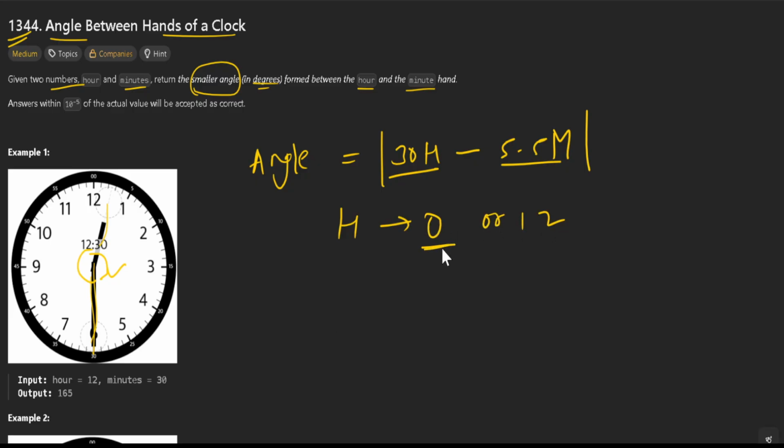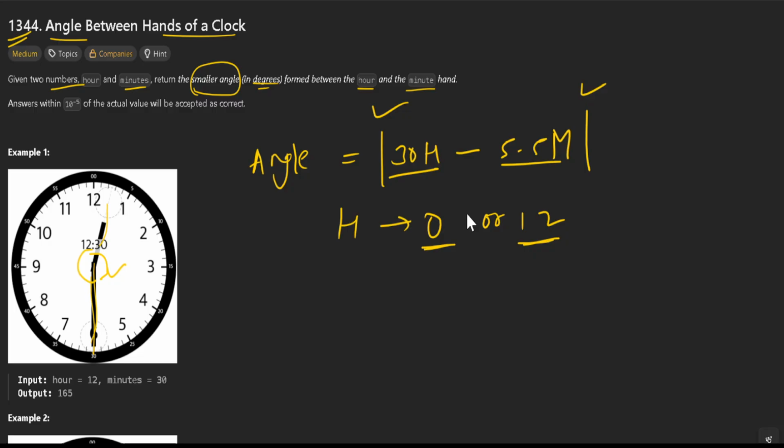And m represents the minutes, however many minutes you have been given. So you know both things. It means we have to find the absolute value of these two. Whatever the data is coming, it should always be positive, so the result should be a positive result.